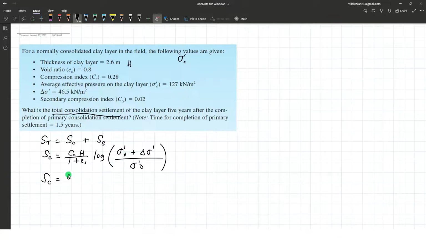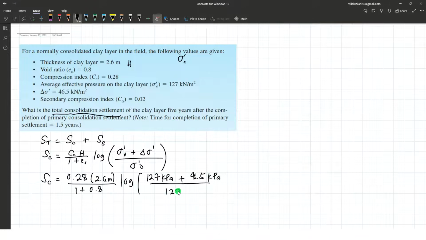So CC 0.28 multiplied by 2.6 meters over 1 plus E0 0.8 logarithm of 127, that's in kilopascal, plus 46.5 kilopascal over 127 kilopascal.